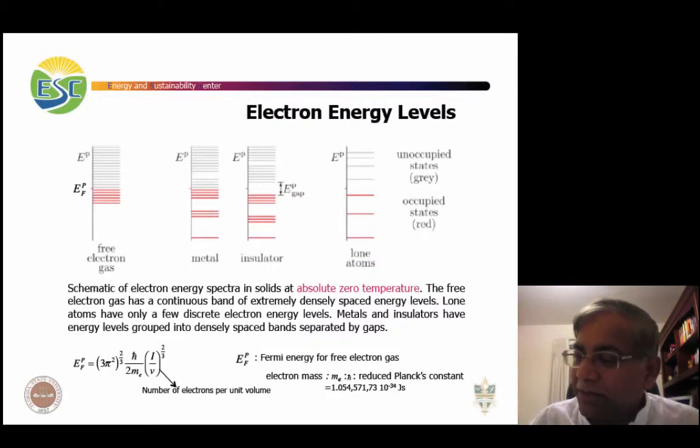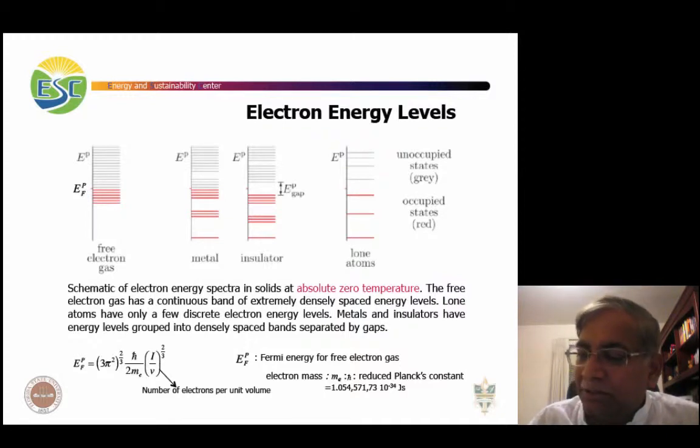To create a state with net motion, some electrons would have to be moved to the conduction band, but that would require a large amount of energy to overcome the band gap, which is indicated by E_gap. This is the energy of the band gap.